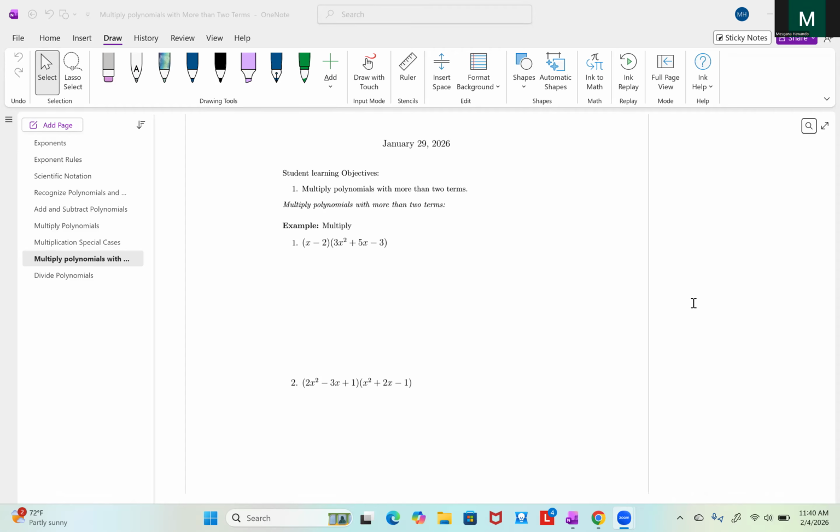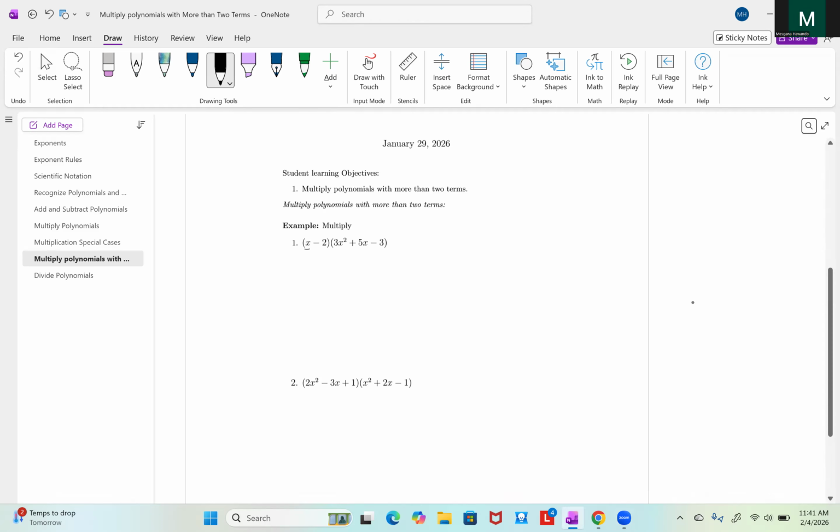When we are done, we move on to the second term in the first polynomial and multiply each term in the second polynomial by that second term, and so on until we finish multiplying each term in the first polynomial with each term in the second polynomial. Once we do that, we combine like terms.